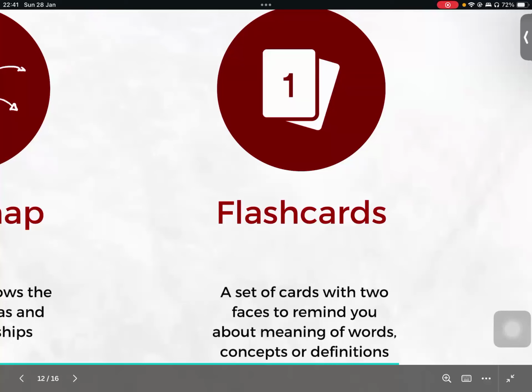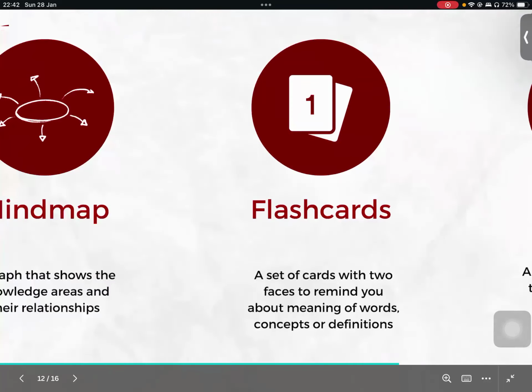That is a flashcard. It is helpful for spaced repetition, and especially when you have a lot of concepts and theories to remember, flashcards will be a very helpful companion.